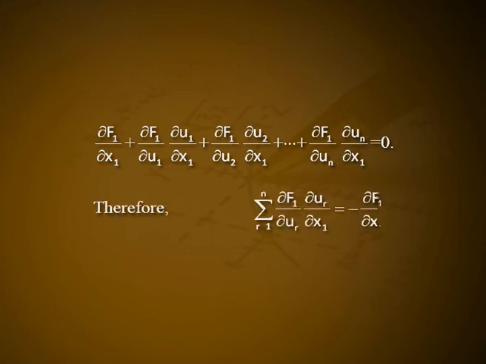Proof: differentiating f_1 = 0 partially with respect to x_1, we obtain ∂f_1/∂x_1 + ∂f_1/∂u_1 · ∂u_1/∂x_1 + ∂f_1/∂u_2 · ∂u_2/∂x_1 + ... + ∂f_1/∂u_n · ∂u_n/∂x_1 = 0. Therefore, the sum over r = 1 to n of ∂f_1/∂u_r · ∂u_r/∂x_1 = -∂f_1/∂x_1.